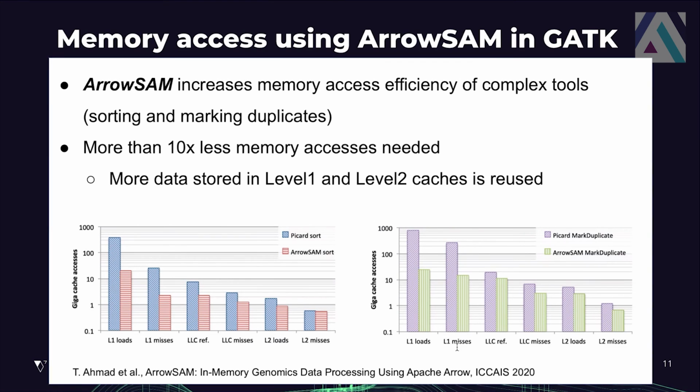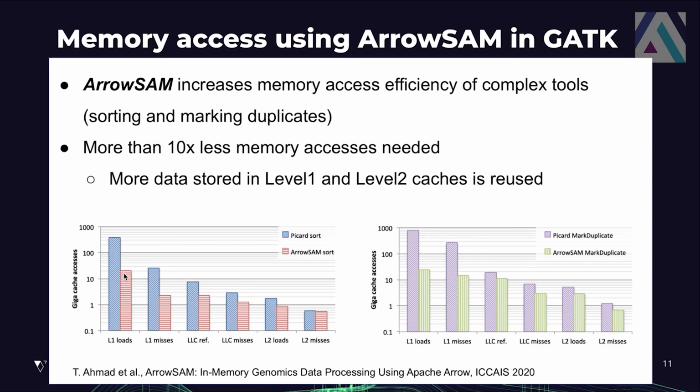Comparing the way we access the data in memory, we see that the ArrowSAM format increases memory access efficiency significantly. We see that we can utilize much more efficiently the whole memory hierarchy in our compute system, all the way from accessing main memory or accessing the various different levels of cache, like level 1 and level 2 in the processor.